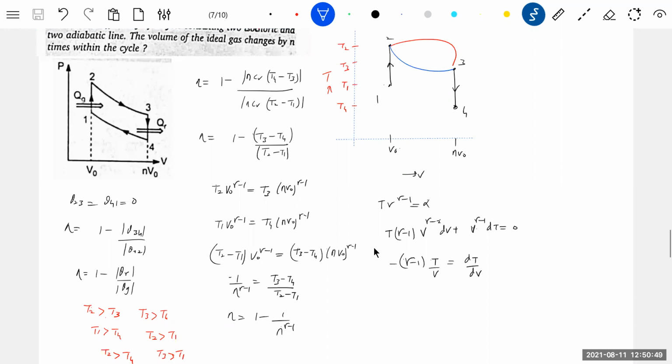Negative slope is needed, no? The slope is negative. The total slope should become negative. So negative slope means here I'll go for something like this. Okay, equivalent graphs can also be asked. You have to be very, very, very careful.